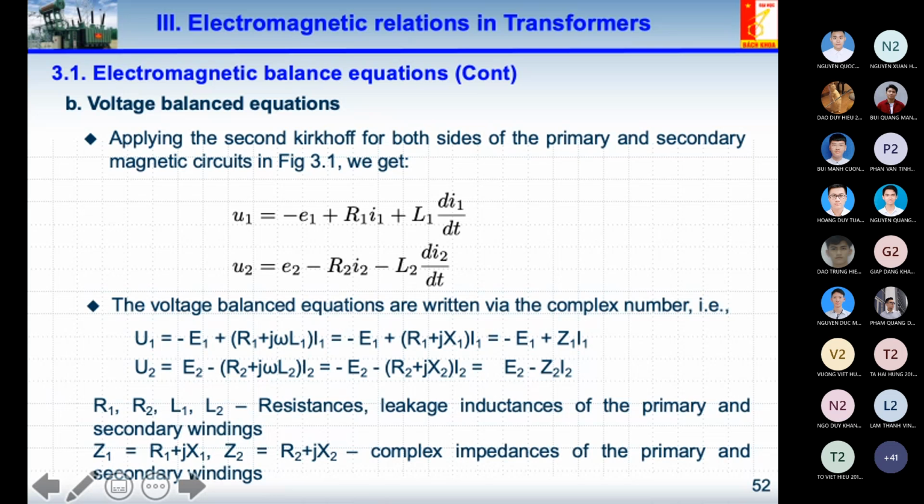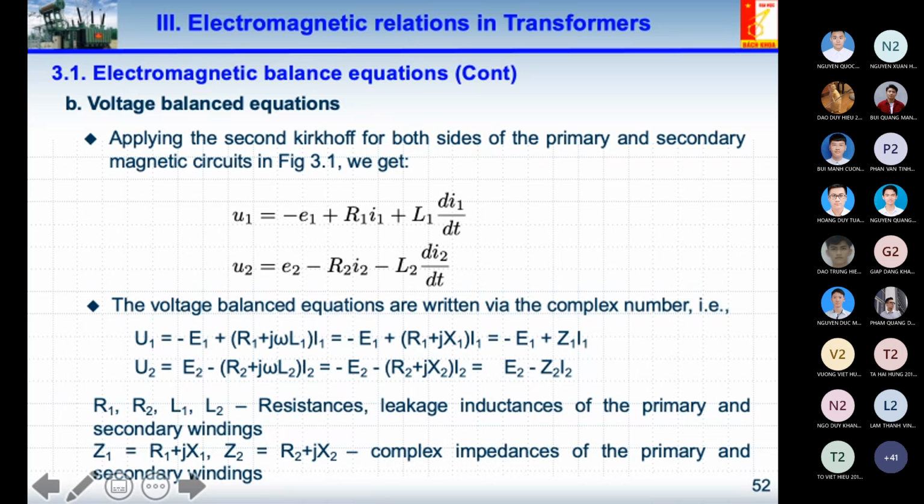And of course d/dt is equal to j omega, and I1 we can move outside the bracket like this. And also in the same way we get the U2 like this.